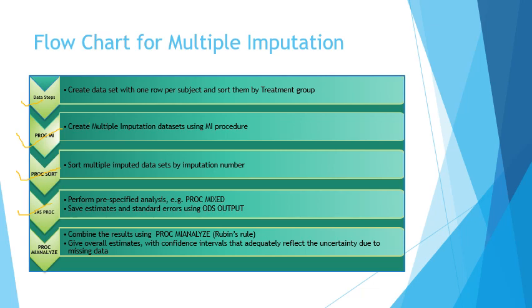In step 4, we need to perform the planned analysis as per your requirement for m number of datasets. And last, you need to combine them using PROC MIANALYZE to have overall estimates with a confidence interval that adequately reflects the uncertainty due to missing data.